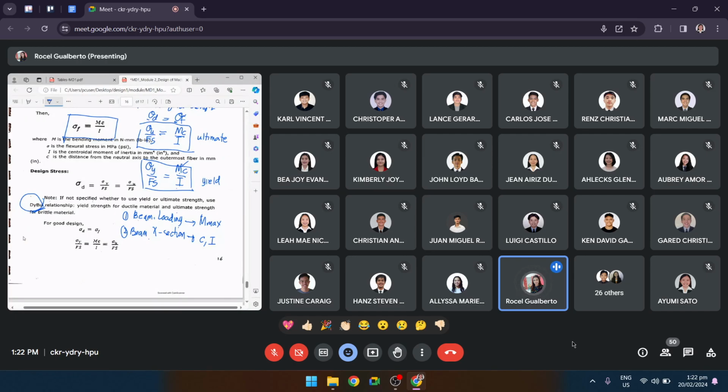So M maximum, this is the maximum moment. This can be obtained from the shear and moment diagram. So you will be drawing your shear and moment diagram.